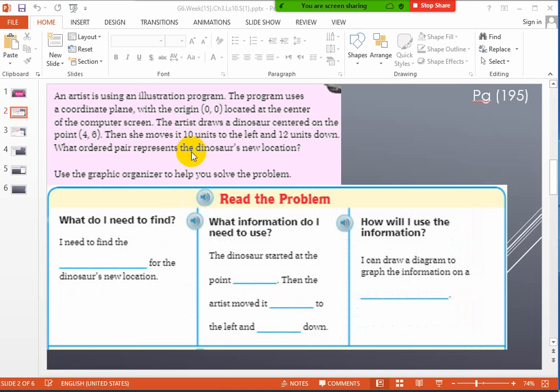An artist is using an illustration program. So let's start and read with me the problem, please. An artist is using an illustration program.